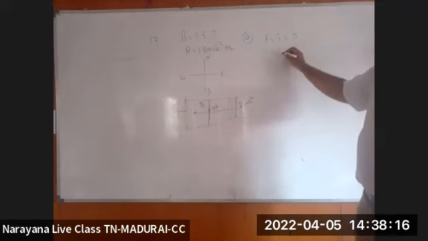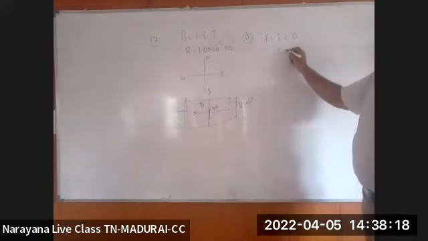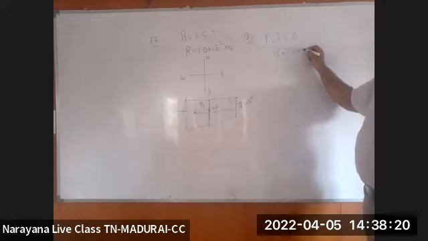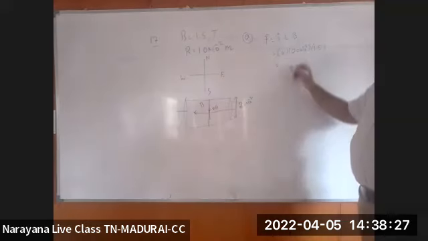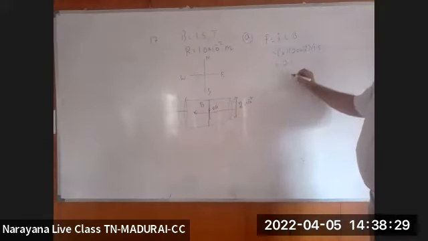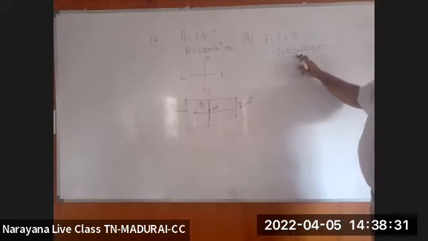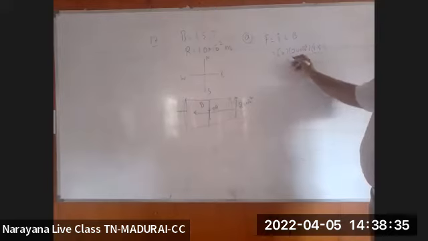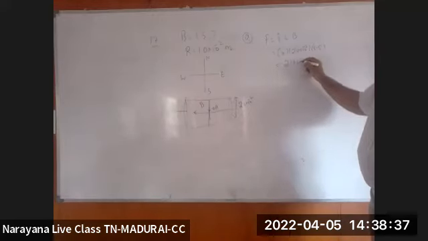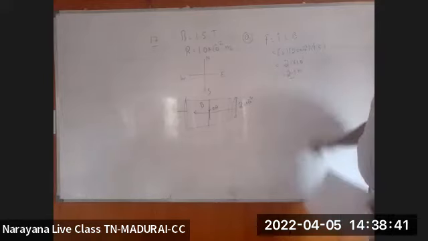Current is given 7 ampere, length is 20 into 10 power minus 2, magnetic field is 1.5. 2 ones are 2, 2 1.5 are 3. 3 sevens are 21 into 10 power minus 1, means 2.1 Newton.